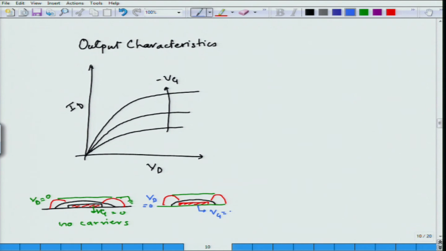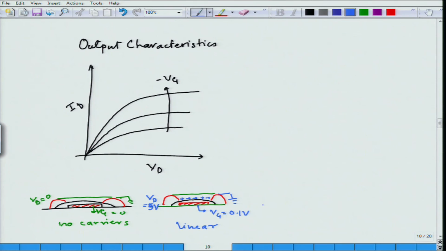Vg is, let us say, 0.1 volt, source is at the ground, and Vd is also very small. In that case, I would see a drain current because of the accumulated holes that are there in the semiconductor, and I would see an increase in the current, and this is a linear region when I have a small Vg and a small Vd.